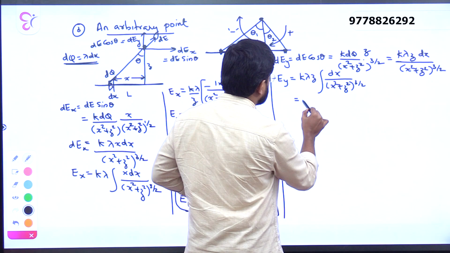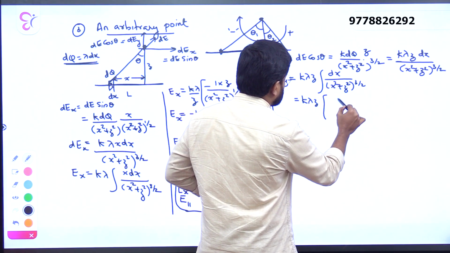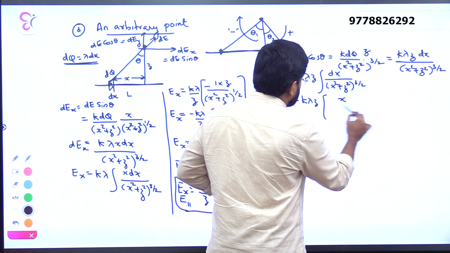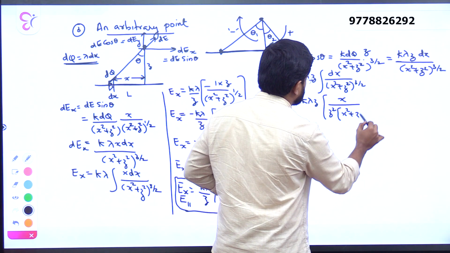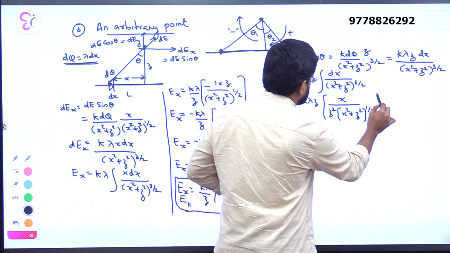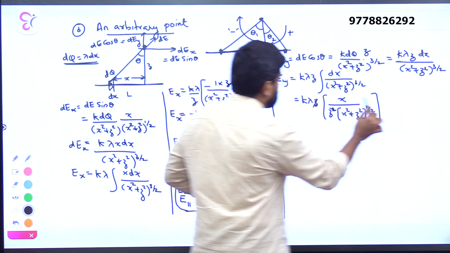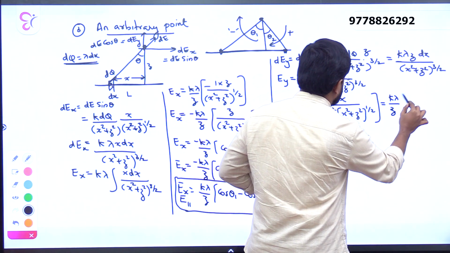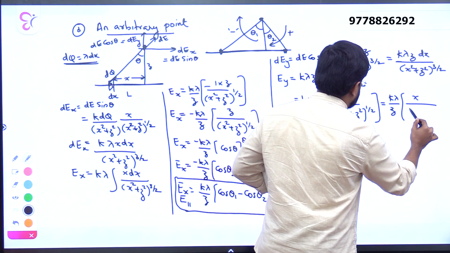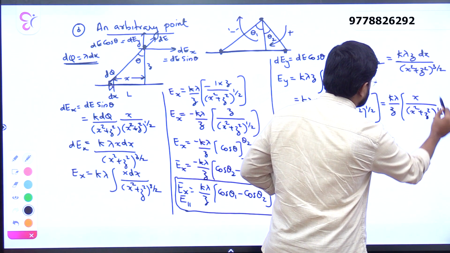So what is the value of this integral? This is equal to k lambda z into x by z square into x square plus z square whole power 1 by 2. Okay, so this z and z cancel, and I am writing it like this: k lambda by z into x by x square plus z square whole power 1 by 2.